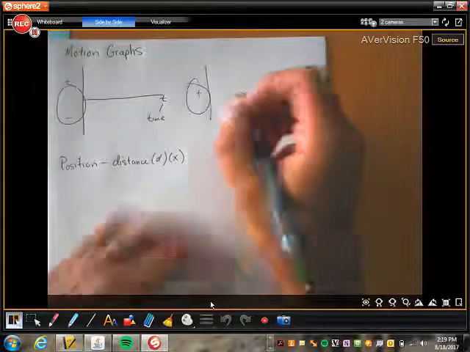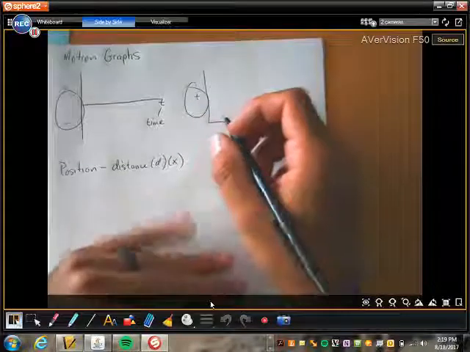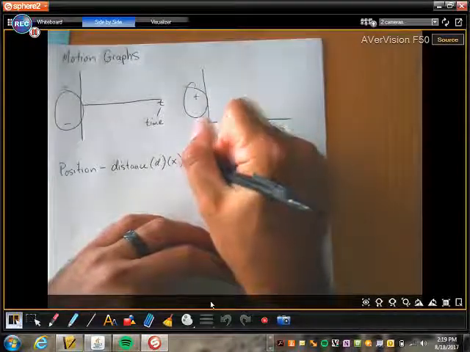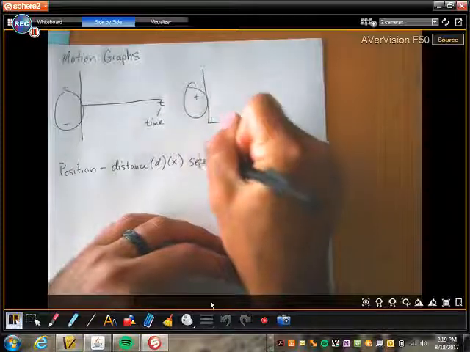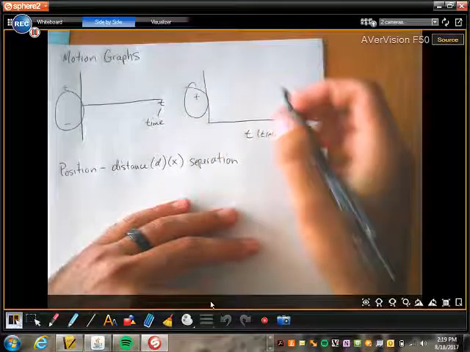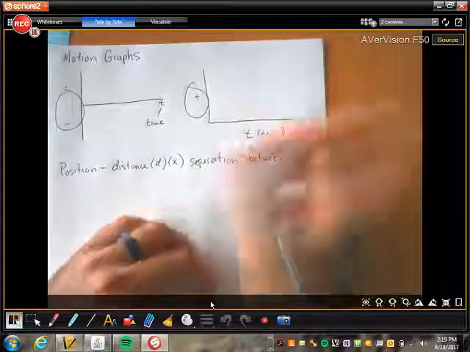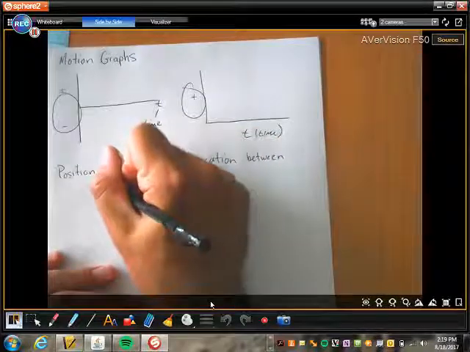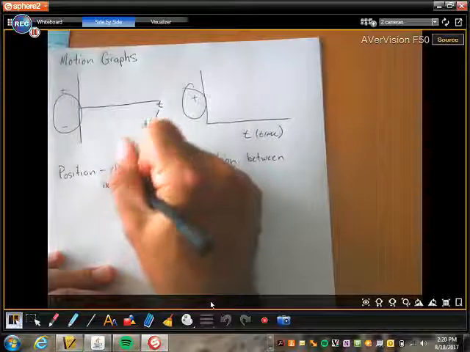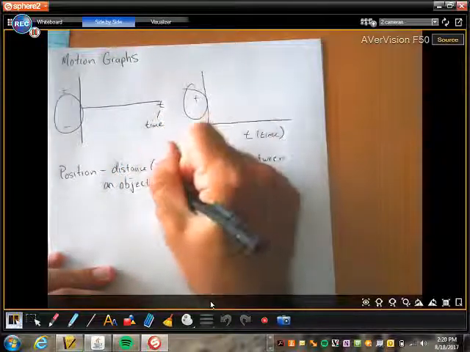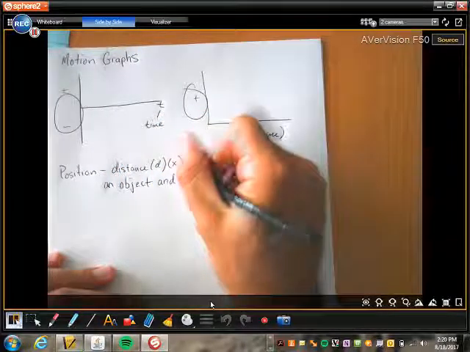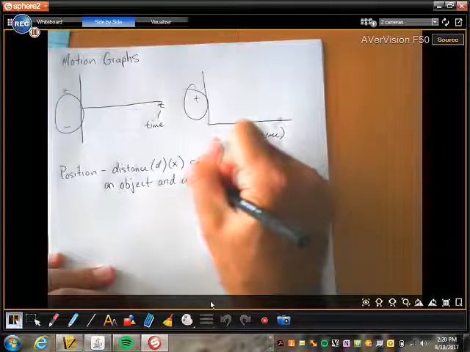But position is really the separation between an object and a reference point.